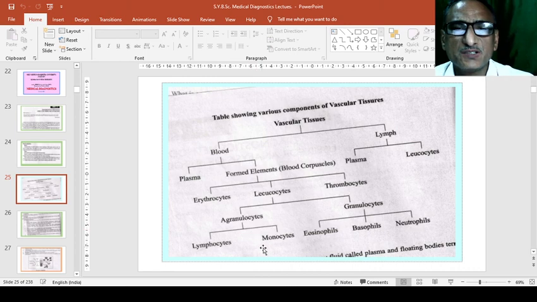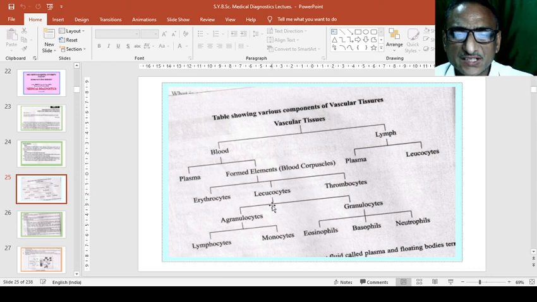This is the table showing various components of vascular tissues. So in our body, the liquid vascular tissue contains blood and lymph. Blood has two components, plasma and formed elements, or we can call them blood corpuscles. These are erythrocytes, RBC, leukocytes, WBC, and thrombocytes, or generally the platelets.